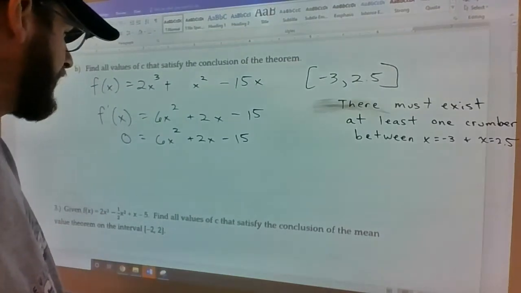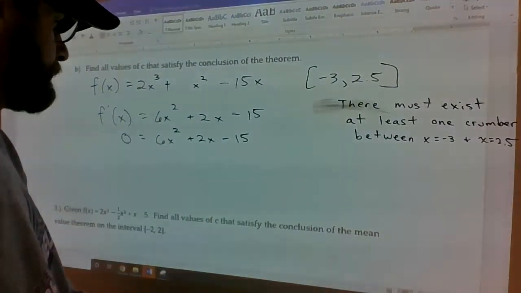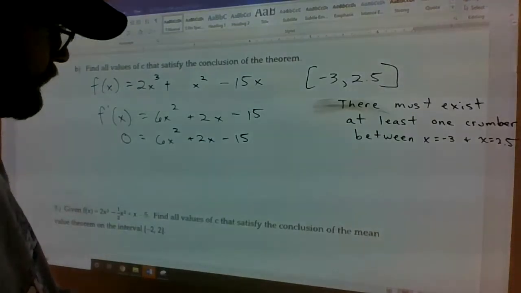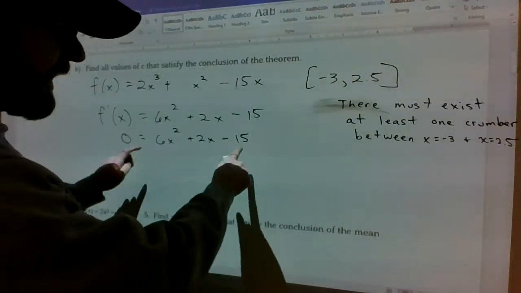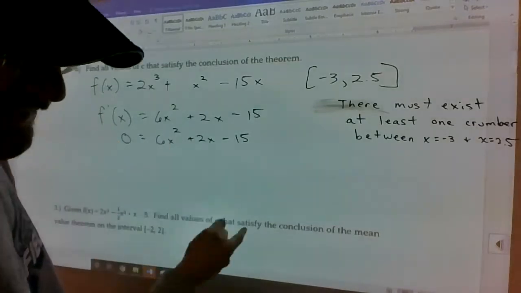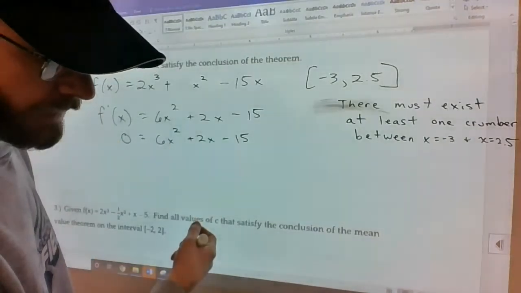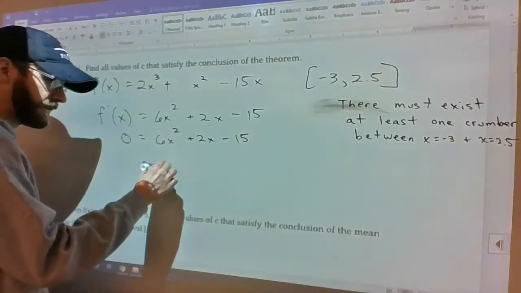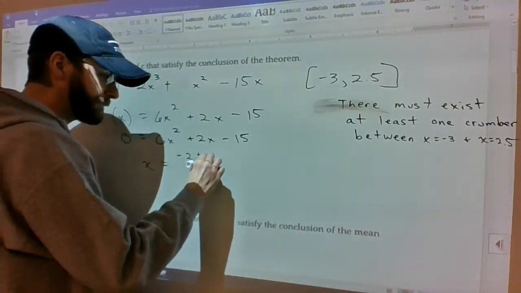Right off the top of my head, I don't know, what multiplies to give us -90 and adds up to give us 2? I'm not sure. Let's try the quadratic formula.